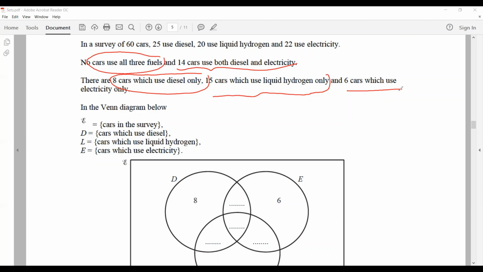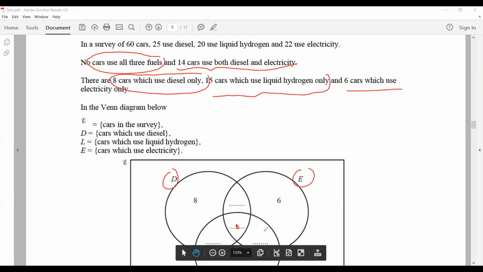So no cars use all three fuels means the intersection of all of them, which is this region right here, should be 0. And then 14 cars use both diesel and electricity. So this is diesel, this is electricity. The region which they share together is here only.